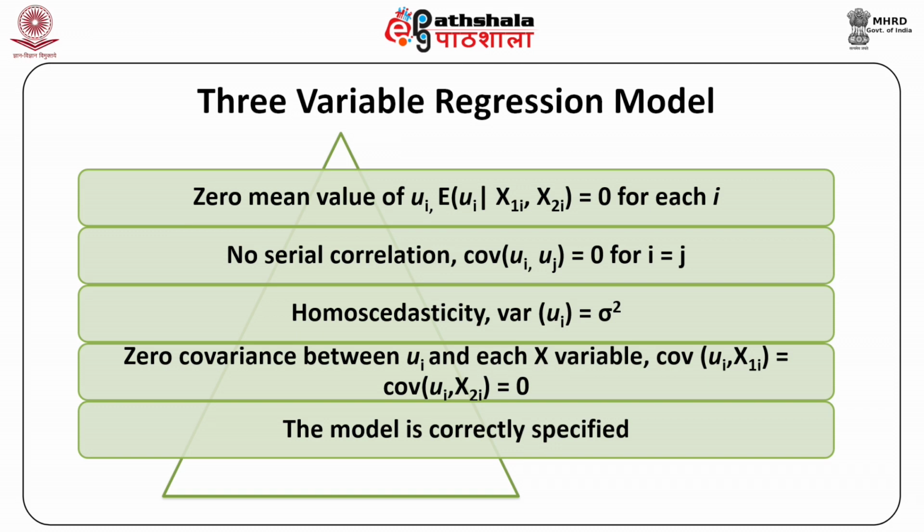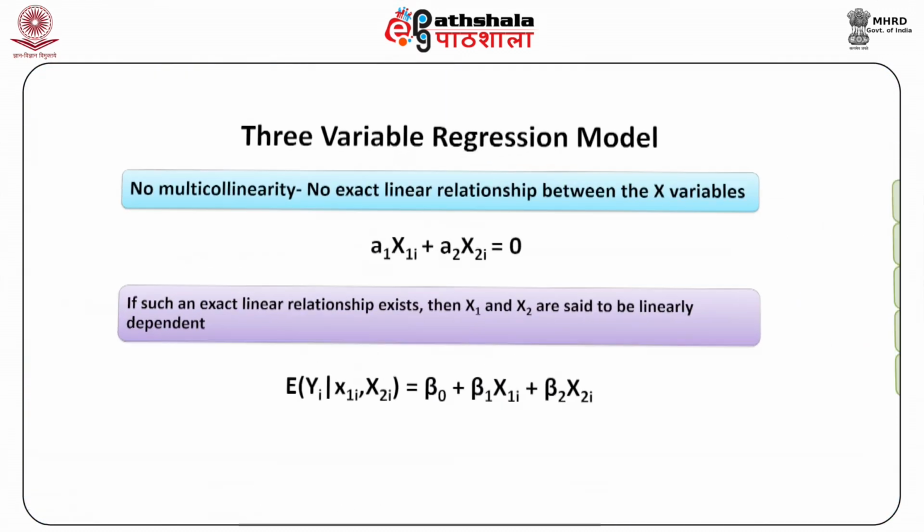Third, homoscedasticity: variance of mu i is equal to sigma squared. Fourth, zero covariance between mu i and each x variable: covariance of mu i, x1i is equal to covariance of mu i, x2i is equal to 0. Finally, the model is correctly specified.